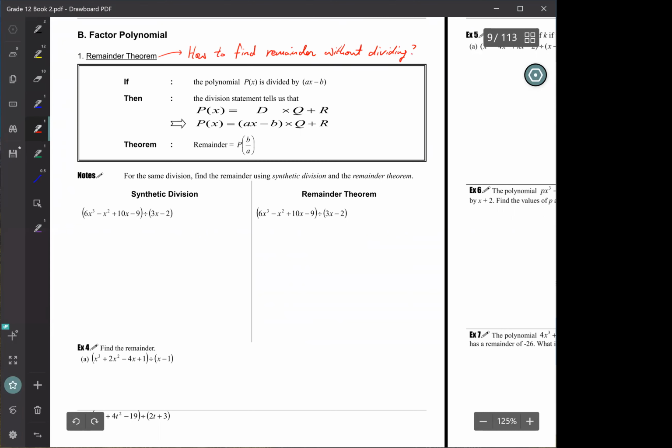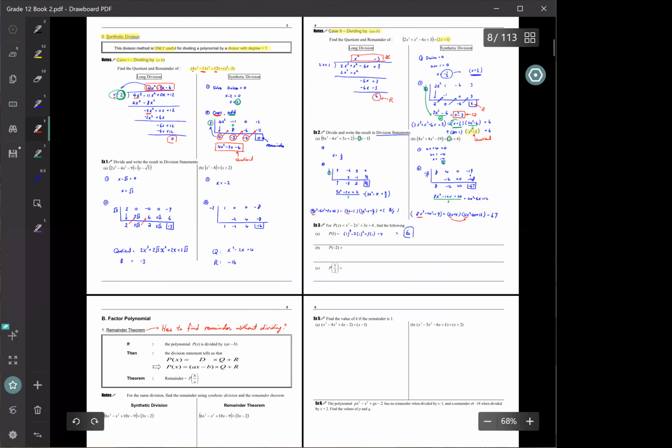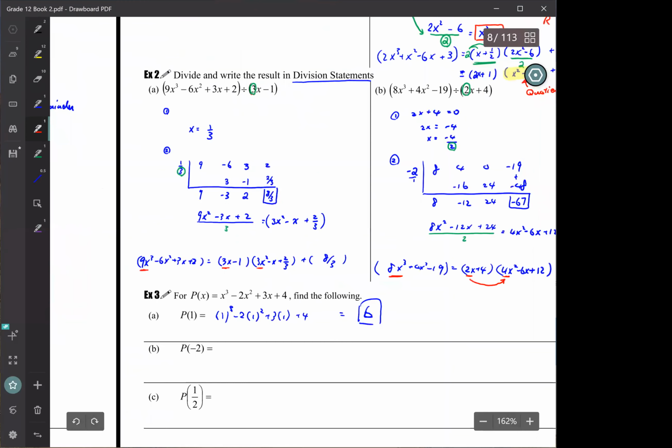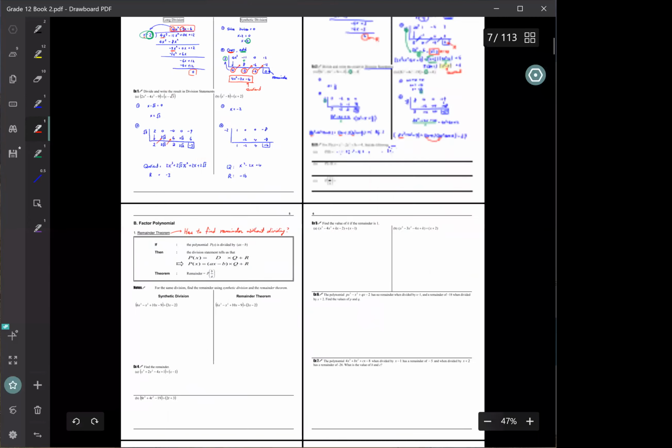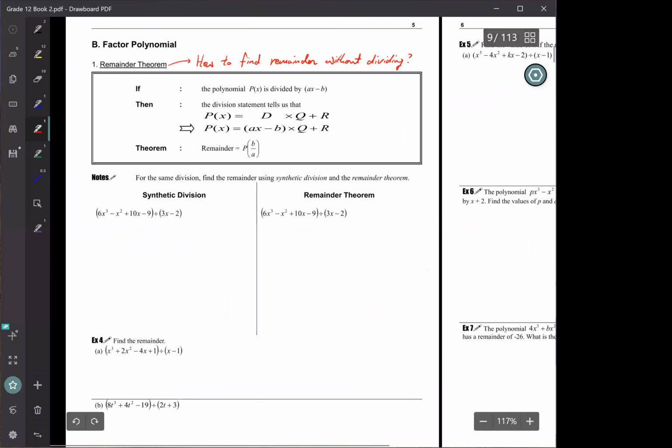Okay, so the purpose of learning this is we can find the remainder without dividing. But this way, it doesn't tell you what the quotient is, right? Because we did not divide, right? So for example, like over here, the previous questions, we have to go through all the synthetic division and then we can get the remainder. Now I want to find a way so we can get the remainder without dividing.